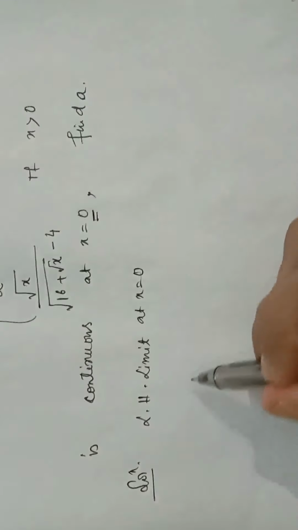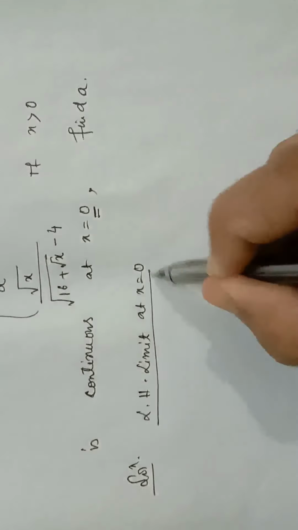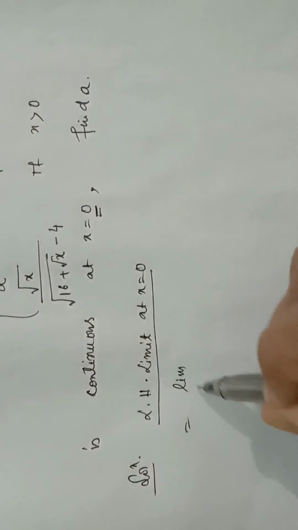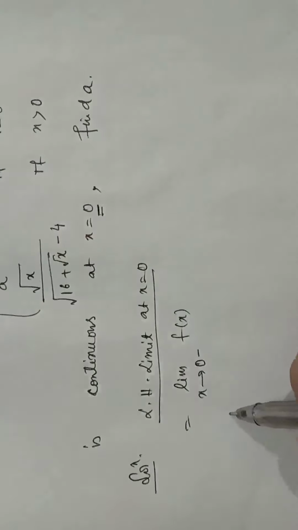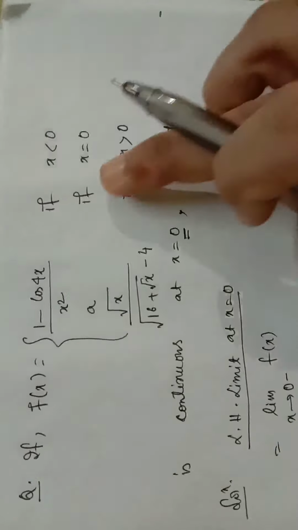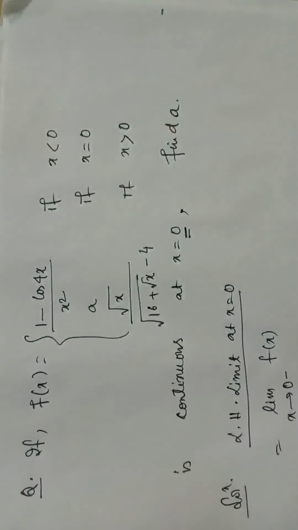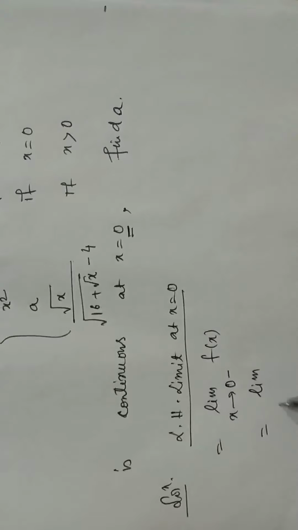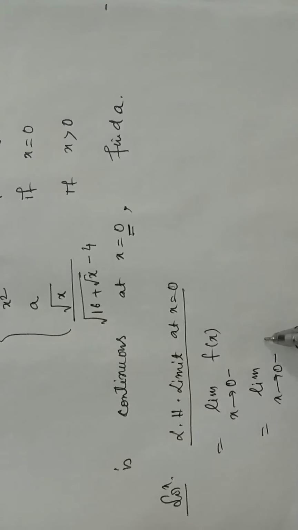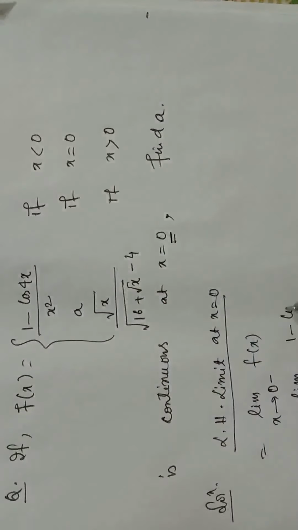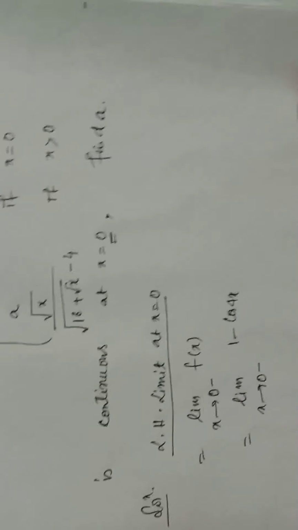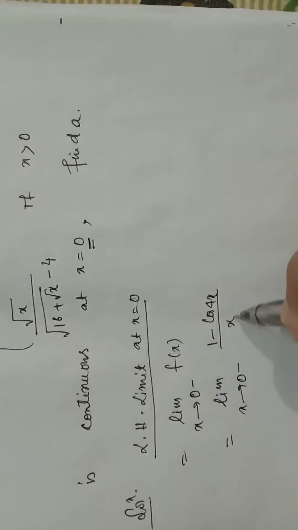So left hand limit at x equal to 0 is equal to limit x tends to 0 minus f(x). X tends to 0 minus means x is less than 0. So limit x tends to 0 minus f(x) will be 1 minus cos 4x by x square.